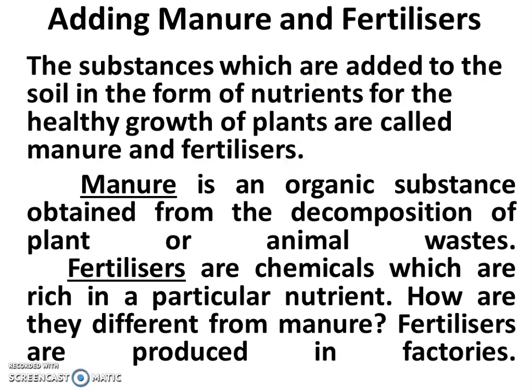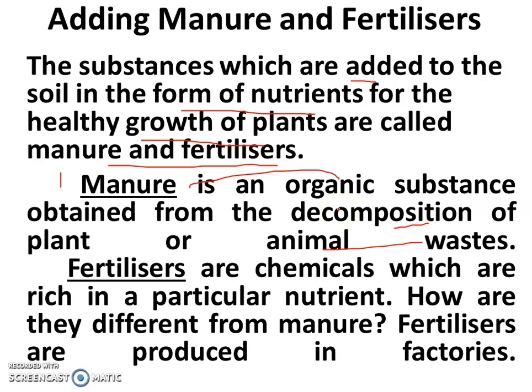The substances which are added to the soil to supply nutrients for the healthy growth of plants are called manure and fertilizer, right? Now the first one is manure. Manure is an organic substance obtained from the decomposition of plant or animal waste, right? So manure is an organic substance. It means it is healthy.